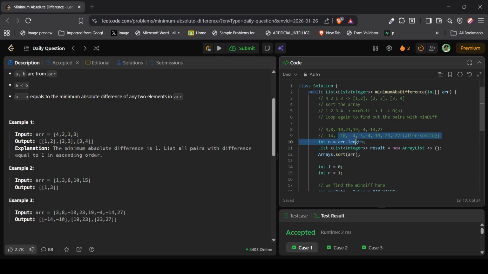Now minus 10 and minus 4, the absolute difference is 6. Now minus 4 and 3, the absolute difference is 7. And then 3 and 4, the absolute difference is 1. Now how do we understand that in this whole array the minimum difference is 1? From here we cannot understand that.